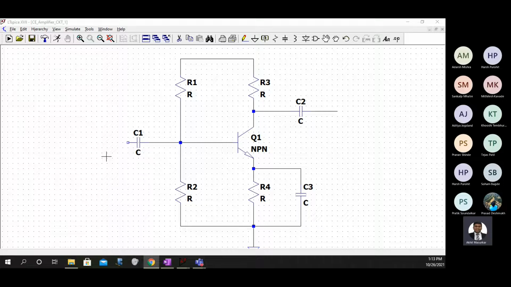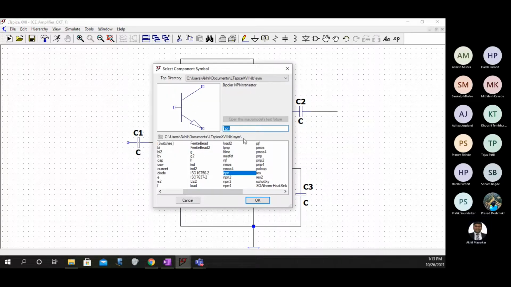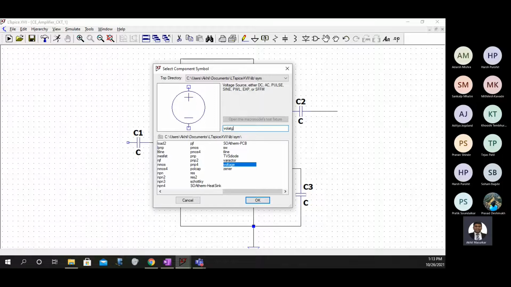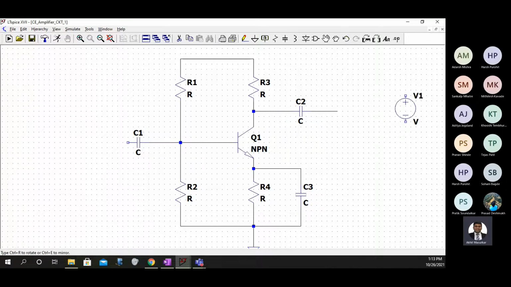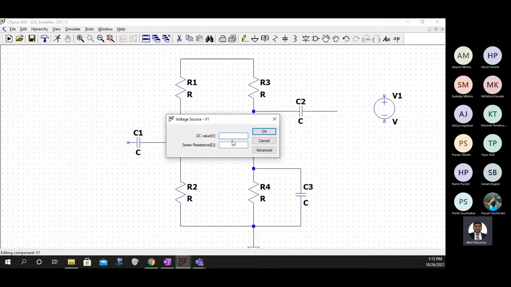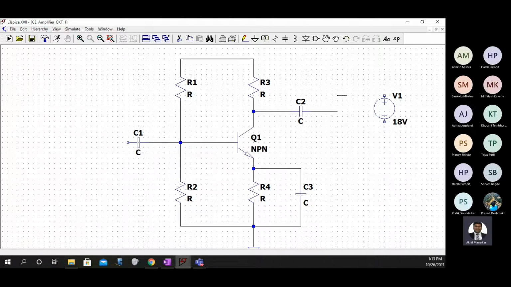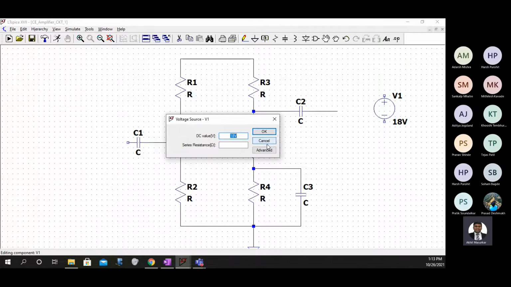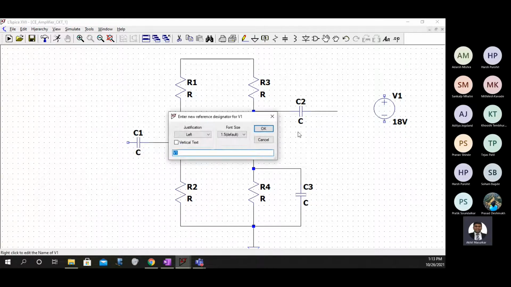We will also require two voltage sources to power this whole thing. So we will type, and this is our VCC. The value is, let's say, 18 volts, and let's rename it to VCC.